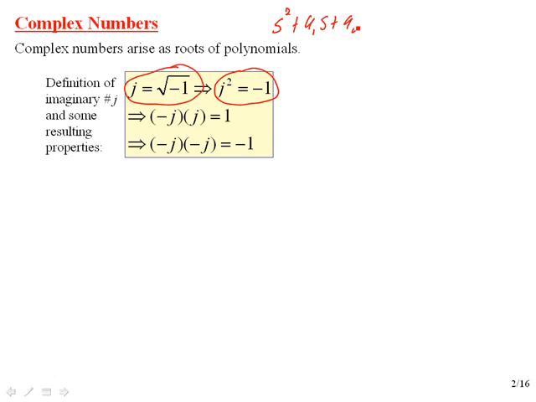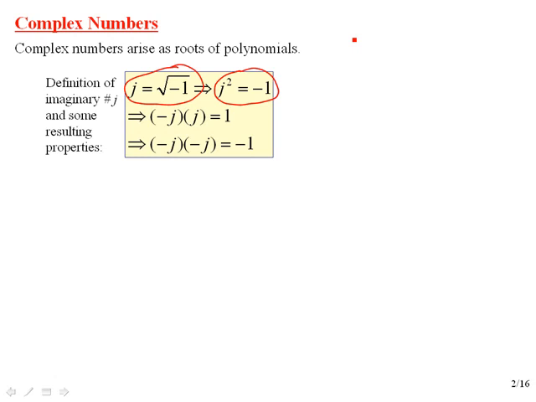For a polynomial like that, that was the characteristic polynomial, if its roots were complex, we ended up getting oscillatory behavior as part of our solution. And so we've already seen that show up once. What we want to do now is see how we can use the concept of complex numbers to make it easy to deal with circuits that have sinusoidal sources in them.